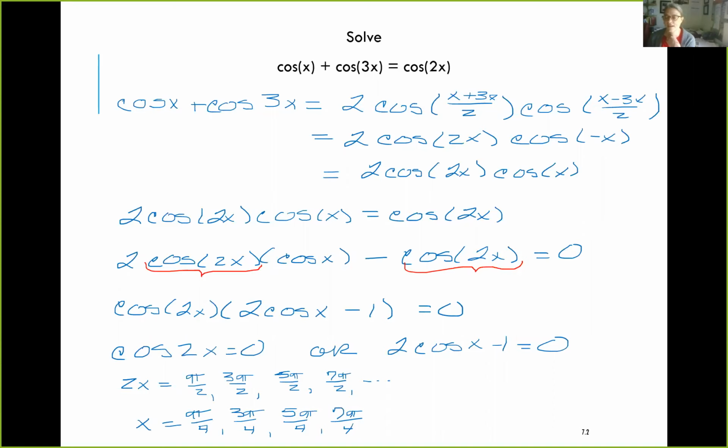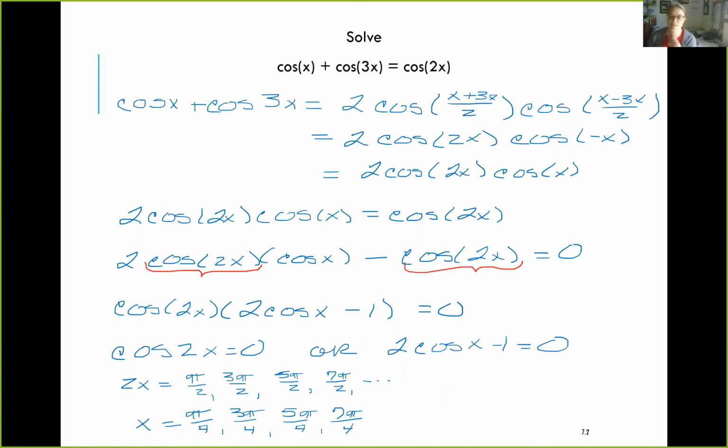So these are all actually, we could write this as pi over 4 plus k times pi over 2, where k is any integer. So pi over 4 plus k times pi over 2.